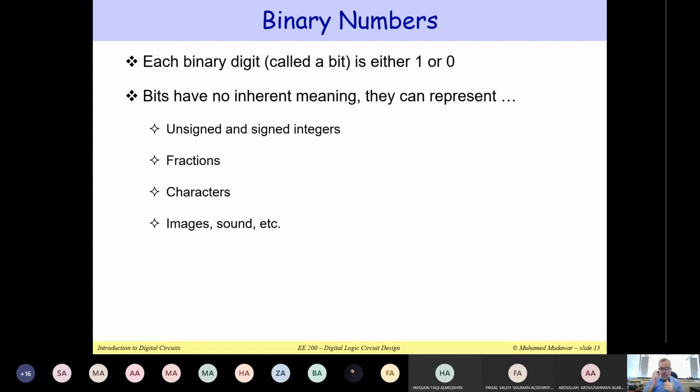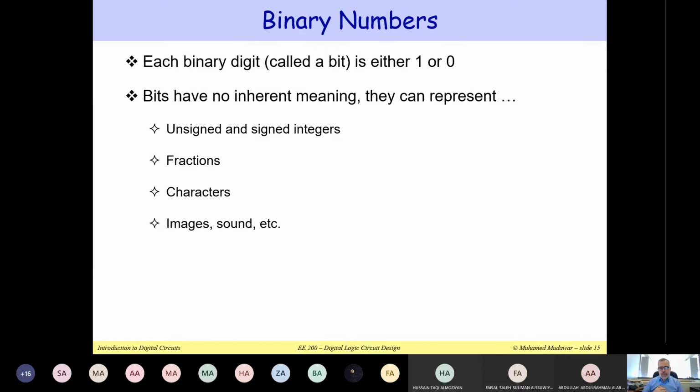But the software can give meaning to these bits. If you only have a single bit, then you can only represent 0 or 1, and this will not be useful. But you can have a group of bits to represent, let us say, a number, an unsigned integer, or even a signed integer.